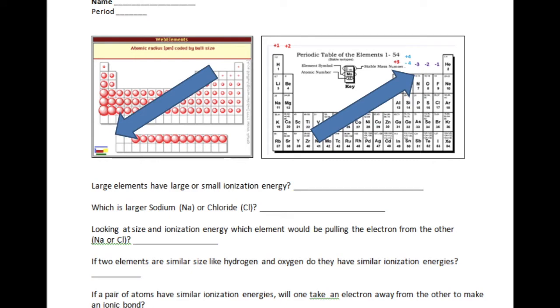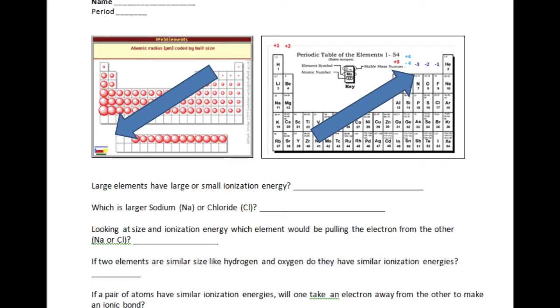So you should have this wrapping up trending note taker out in front of you, and we're going to work through a few questions to analyze our thinking about these new trends. First, do large elements have large or small ionization energies? Well, if we look at the pictures at the top, and I encourage you to draw your own arrows on them, the one on the left describes atomic radius, which we know is the largest in the bottom left-hand side of the periodic table.